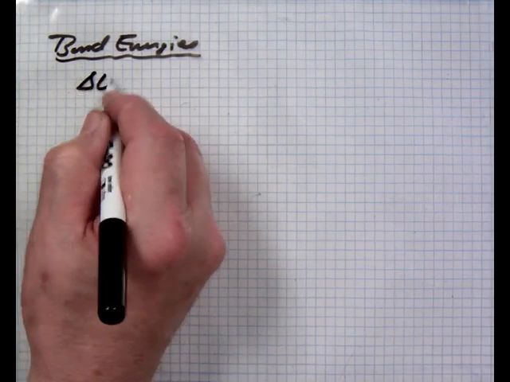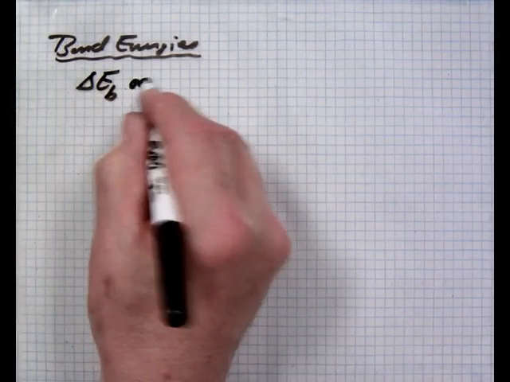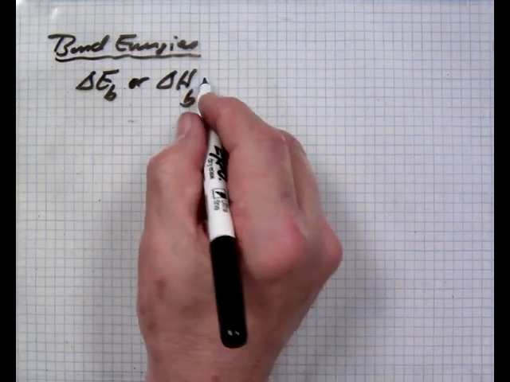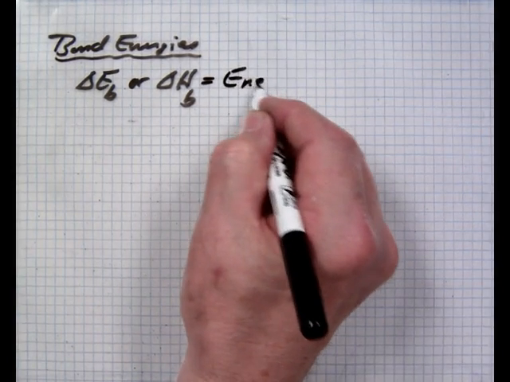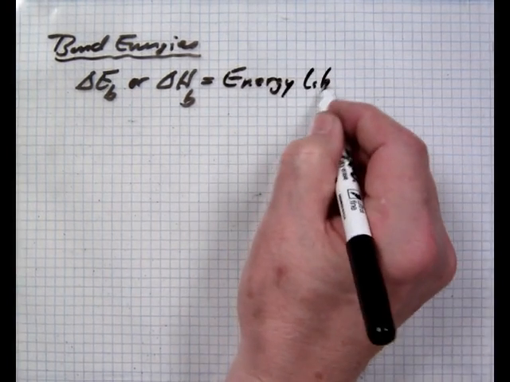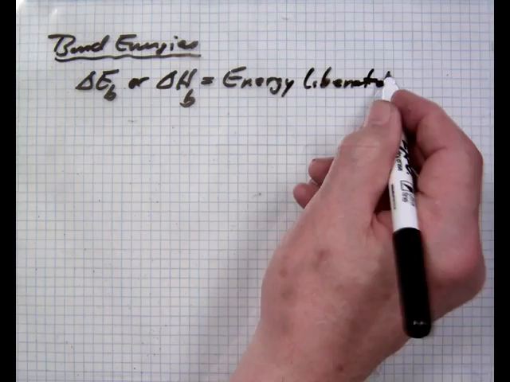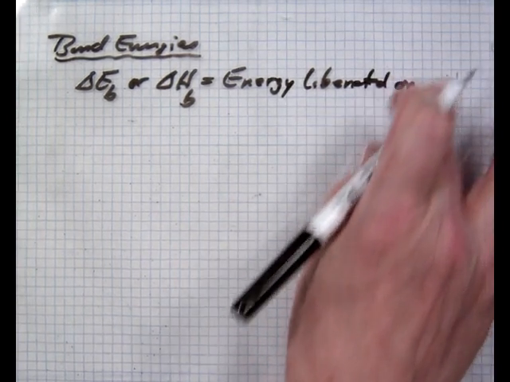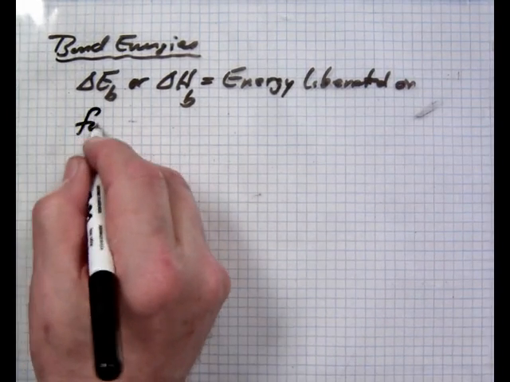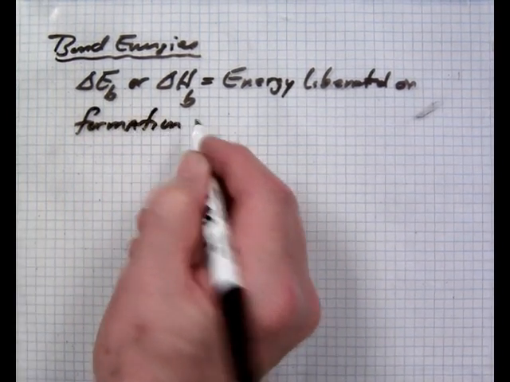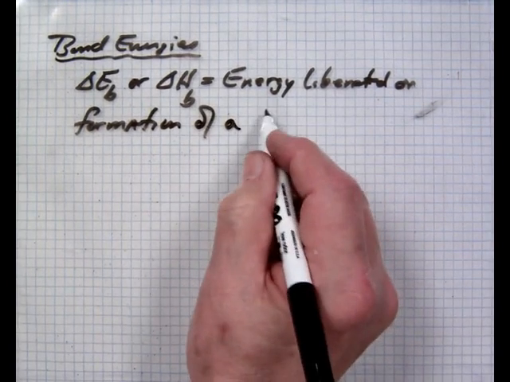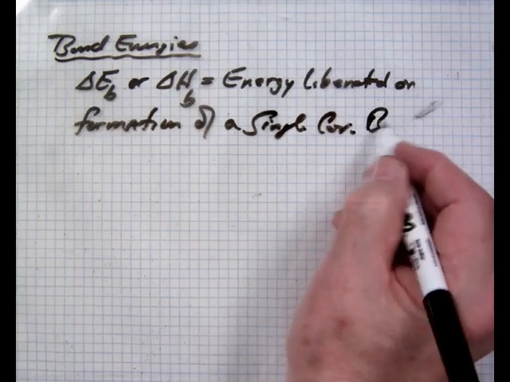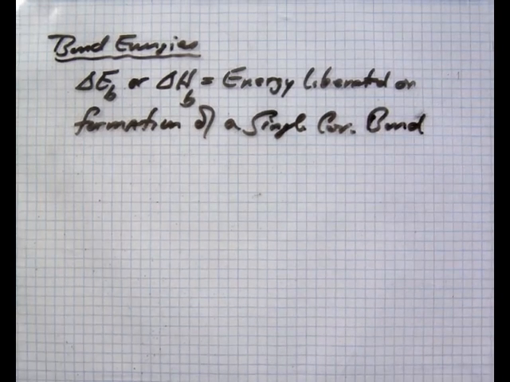It's usually delta E B or delta H B, and it's defined as bonding energy, the energy liberated on formation of a single covalent bond that's specified by the energy.